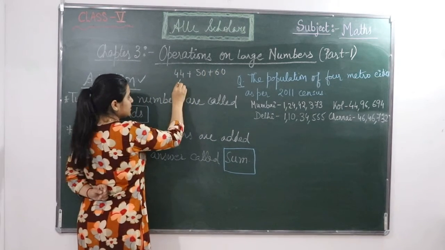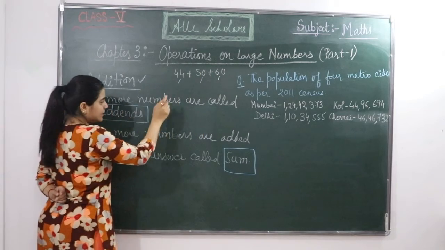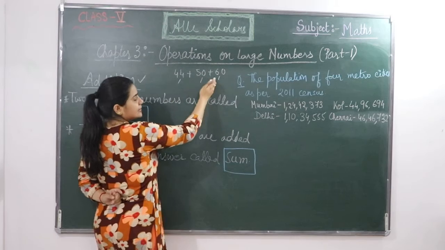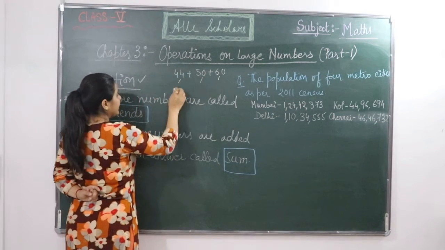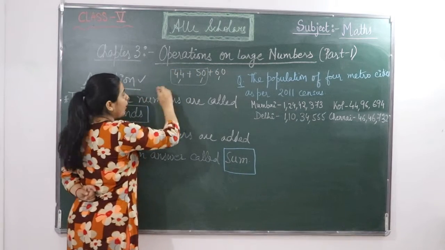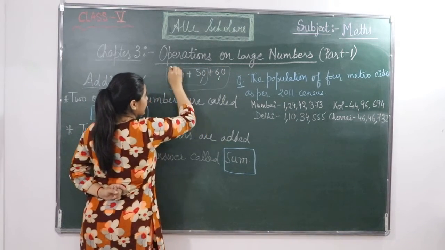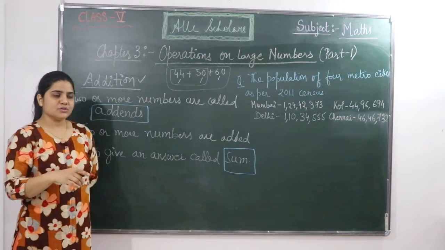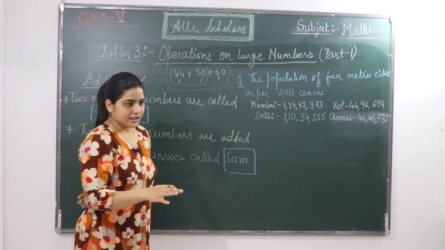So these 44, 50 and 60, what are they? They are addends because we are adding these three numbers. It can be only two numbers, or three numbers, or four numbers or many more numbers. So we can add any of the numbers.